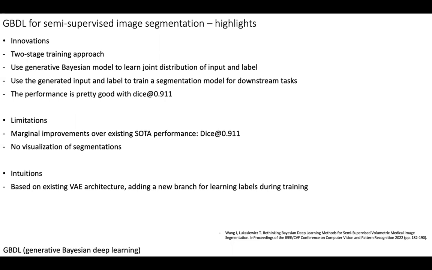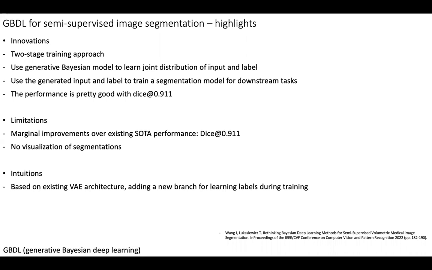The third point is that this paper uses the generated input and also the mask label to train a segmentation model for downstream tasks. And the performance achieved by this approach is pretty good. It achieved a dice score of 0.91.